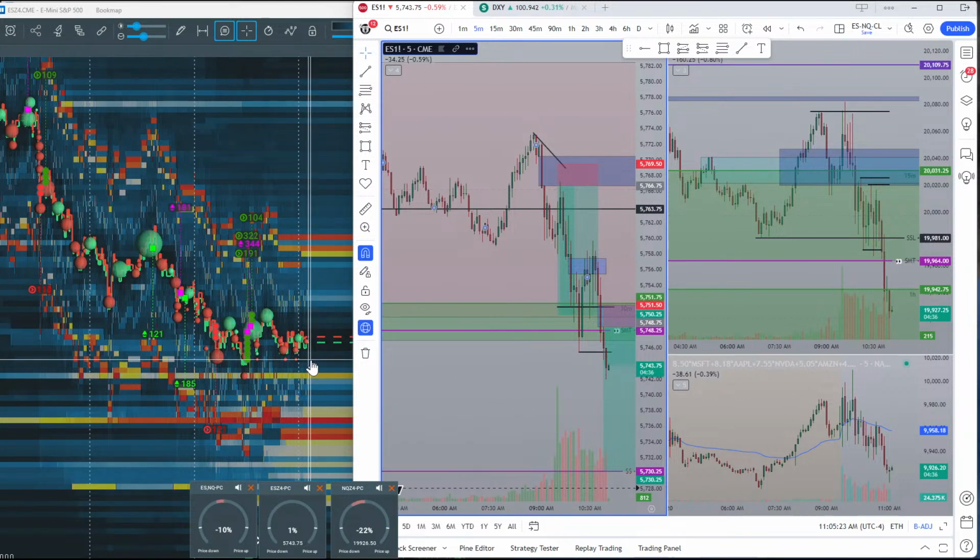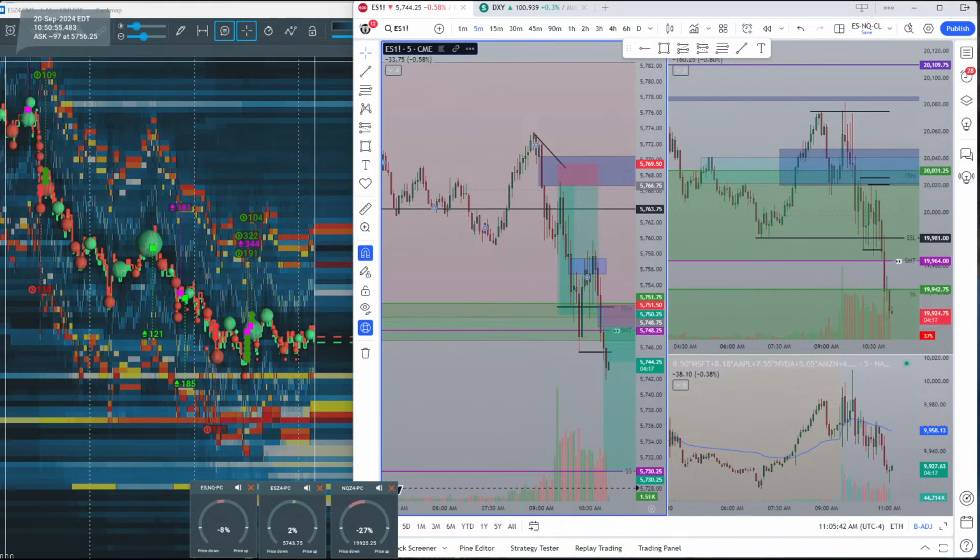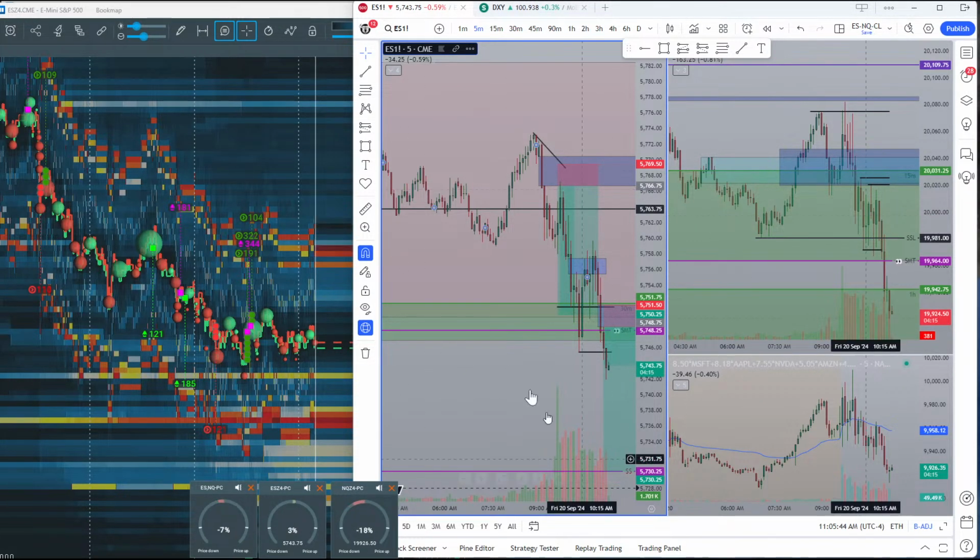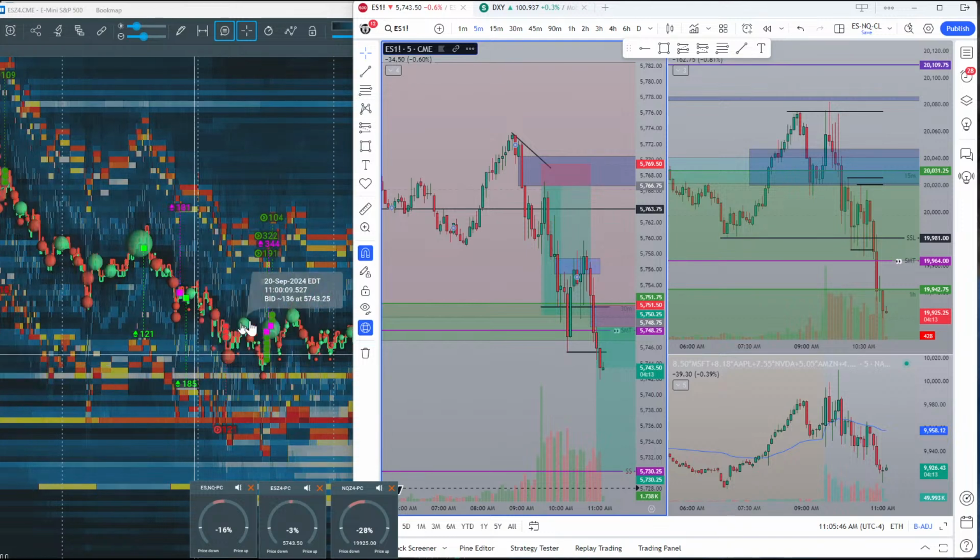That's alright. That's alright. Setup, fair value gap, on a weaker SMT. Yes. Look at the volume, guys.